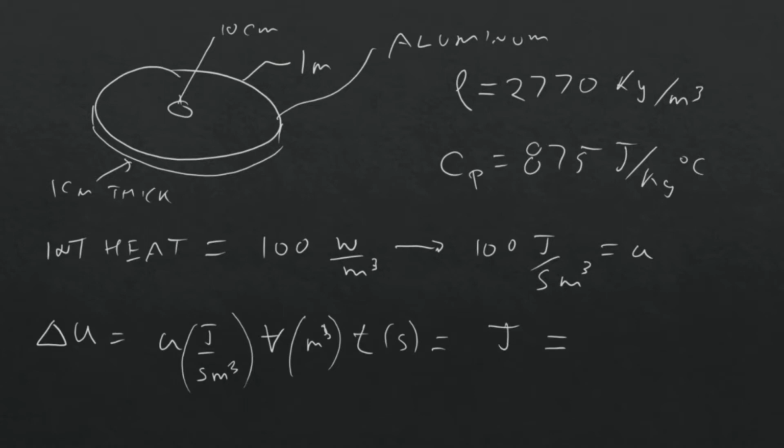That is also equal to Cp times the mass delta T. So we can go from that and say that little u times the volume times time is equal to Cp delta T times the mass.